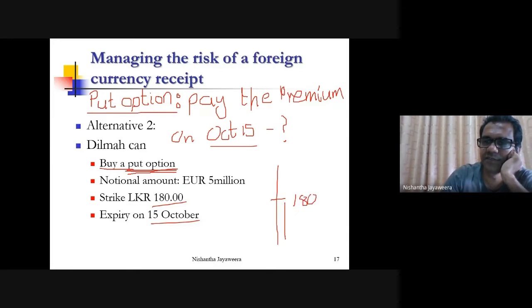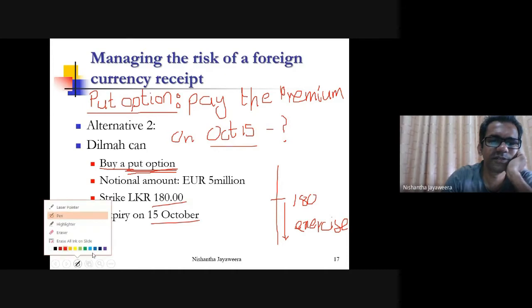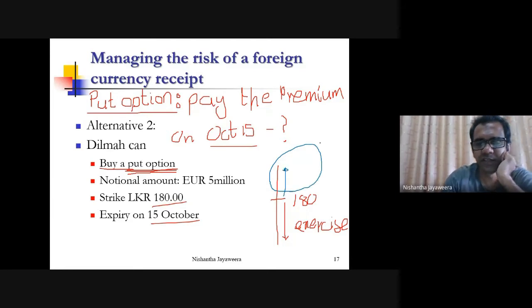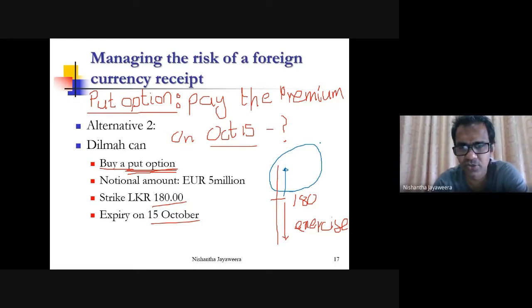If it is below 180, then you exercise your right. But if the rate remains somewhere here, or above 180, then you don't exercise your right. What do you do? You go to the market and sell your euro at the market rate.